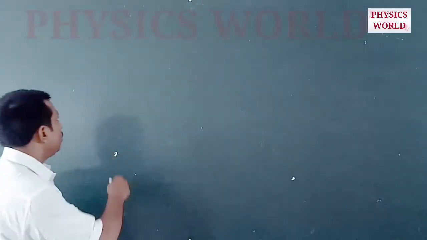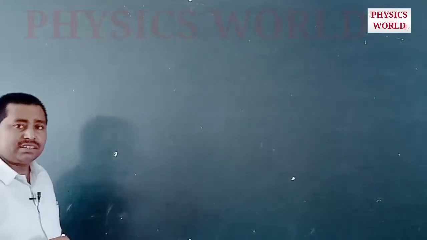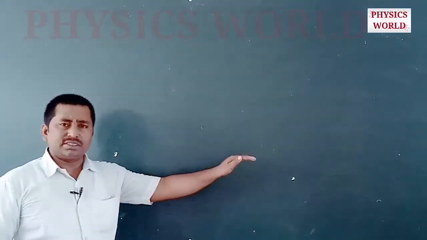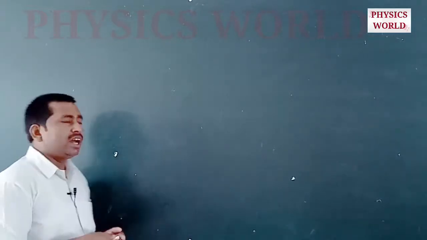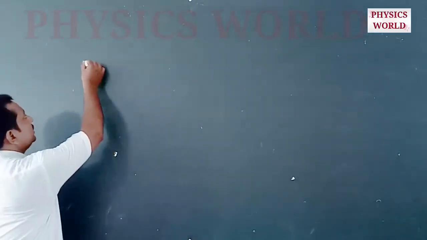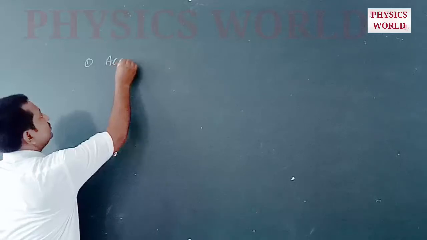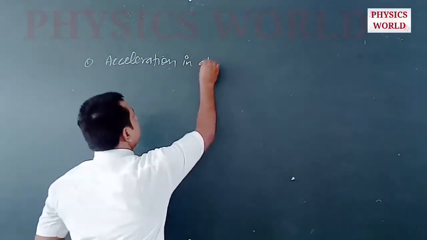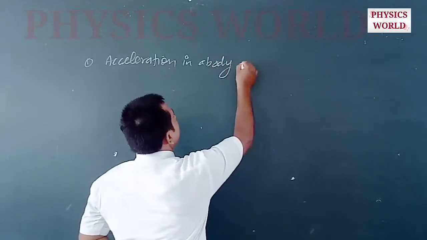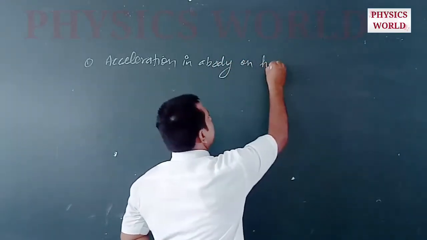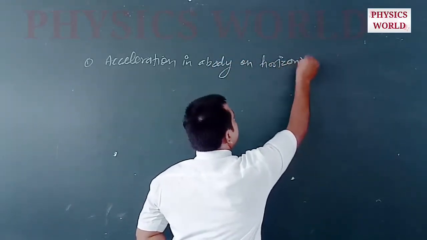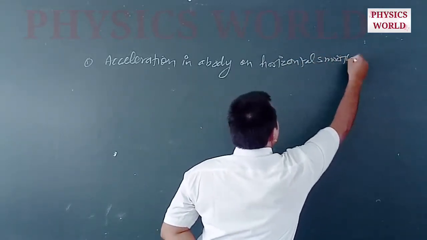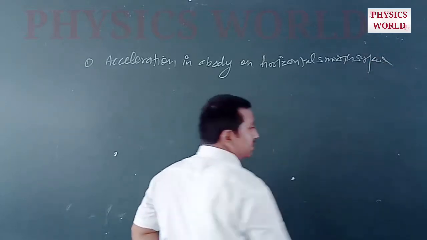Likewise, suppose we want to find the amount of acceleration acting on any object placed on a smooth surface if some external force is moving that object. Suppose that we consider acceleration in a body on a horizontal smooth surface.